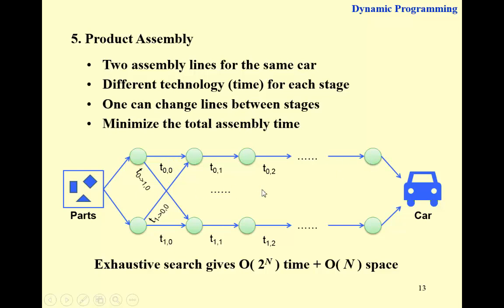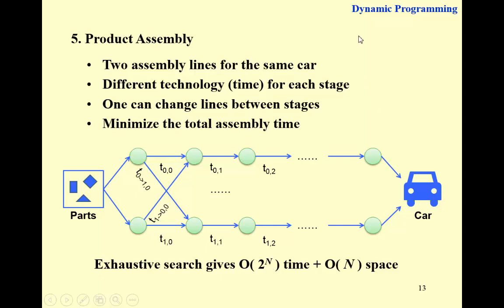If there are n stages, it's going to cost us some constant times n spaces to store all those times anyway, right? But the time complexity is the real problem. It's 2 to the power n because for each stage we have two options: take it or not to take it, to be or not to be. And since we have n stages in total, therefore we have 2 to the power n options.